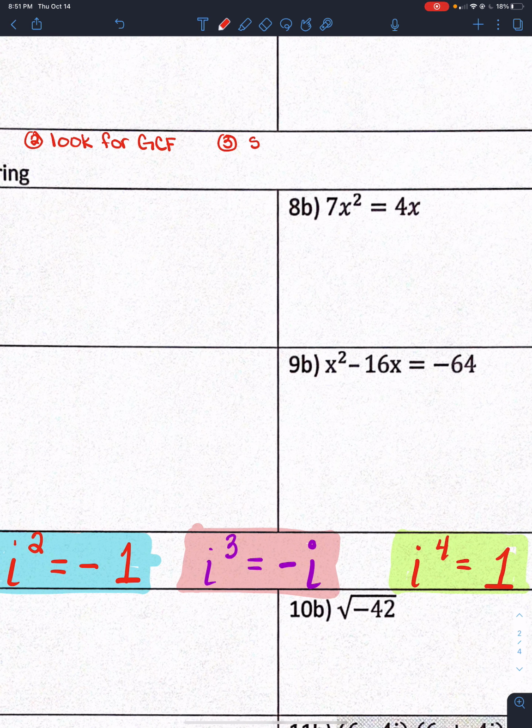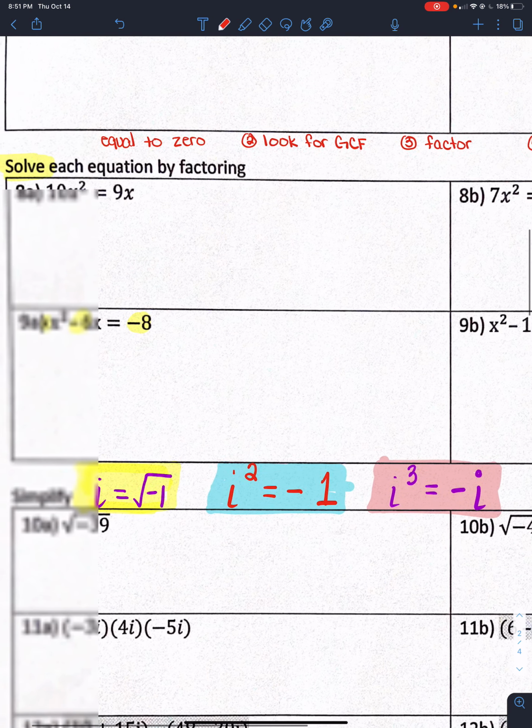is set the entire equation. Oh, well, if we set it equal to 0, it's already on one side. The next thing you want to do is then you want to factor it. That's the first thing you want to look for. And then the last thing you want to do after that is solve. Okay.